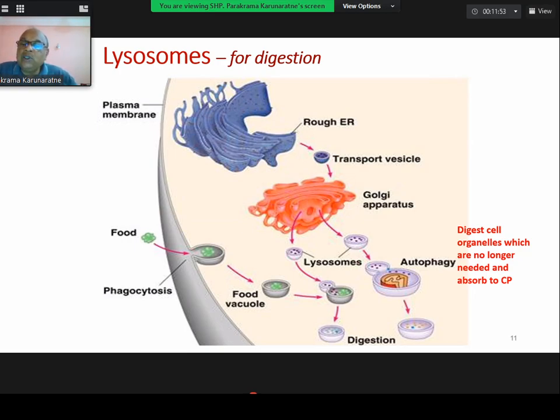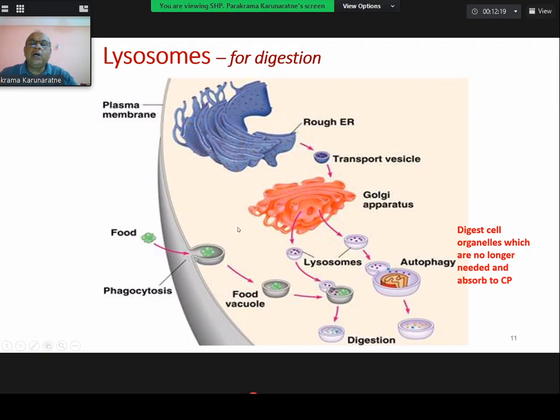And when it comes to the land and becomes a frog, the tail is digested and absorbed. There are lysosomes in those cells, so all those cells are digested. The tail is no longer there when the tadpole becomes a frog. So this is another example for lysosome.